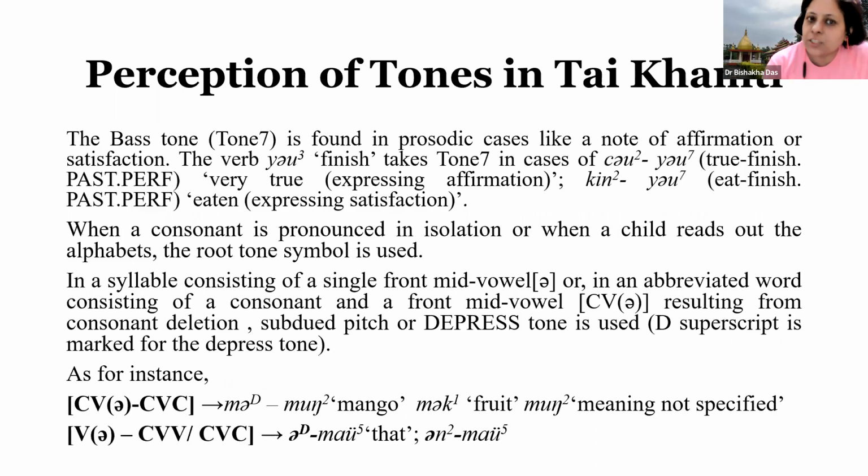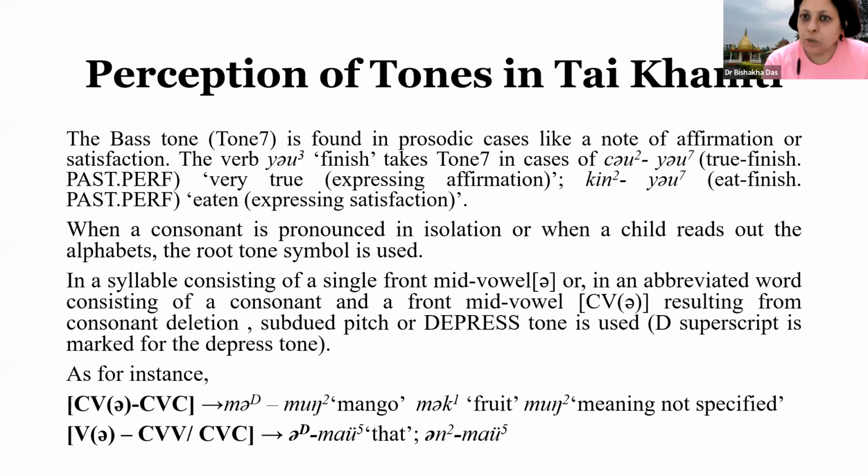Now, what about this bass tone, tone 7? Tone 7 is perceived as when we say yes, it's like a note of affirmation. So like chow yao. Now chow yao, chow is actually true, and yao has many meanings. Yao has a grave tone, that is tone 3, the drawn guttural bass grave tone, yao, which actually means finish.